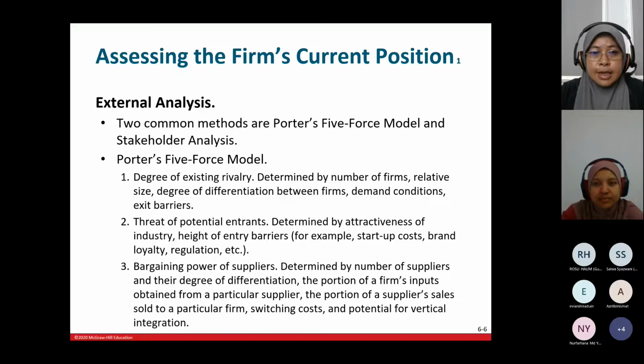For the external analysis, one analysis that the company can opt for is Porter's 5 forces model.